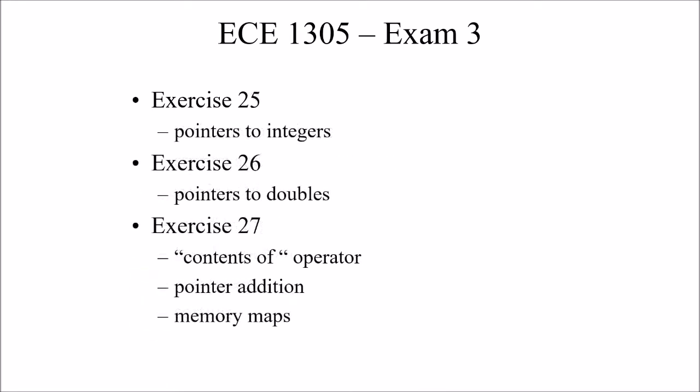Exercise 25 dealt with pointers, specifically pointing to integer values. Exercise 26 dealt with pointers pointing to type double values. So you should be familiar with how to declare a pointer, how to assign an address location to the data member of a pointer, and how to use the asterisk operator as the contents of operator to reassign values to memory locations through the pointer.